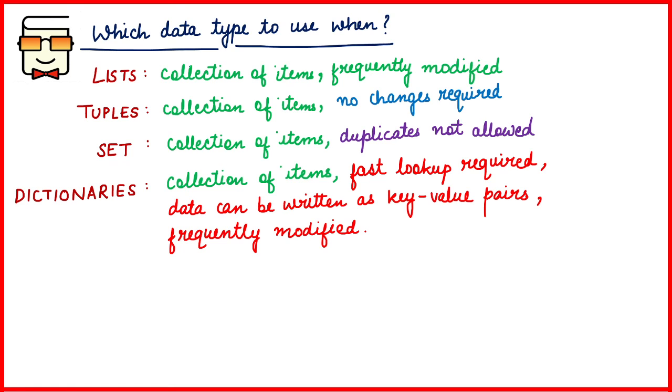Now, what about the collections, the data types that have a collection of items? So we have lists. We know that lists are mutable data types. Okay, so lists should be used whenever you want to store a collection of items that will be modified frequently, so that since it is mutable, every time the Python shell will not have to create a new variable, a new assignment for each change that is happening.